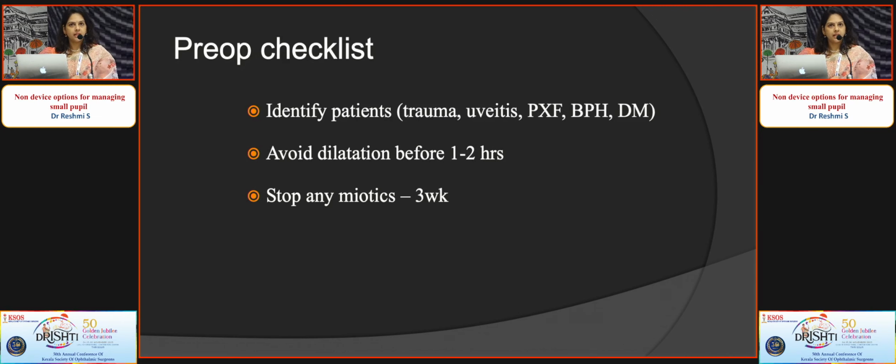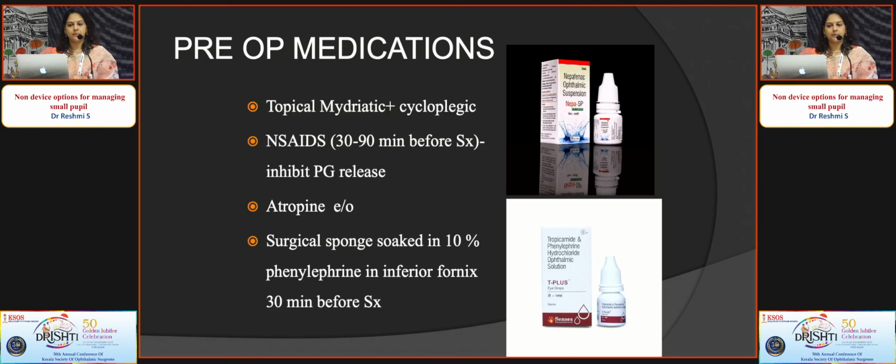Preoperative assessment is very important because we should identify the patients who are at risk of developing small pupil during surgery. Previous history of trauma or uveitis, those who have PXF, those who are on treatment for BPH and diabetes, we should identify. Avoid dilatation 1 to 2 hours before the surgery and stop any miotics 3 weeks prior to surgery.